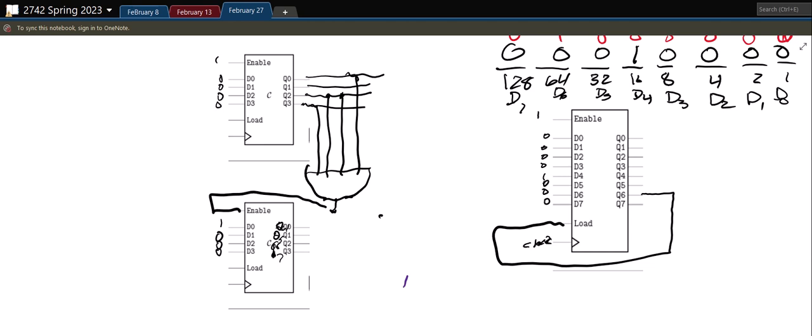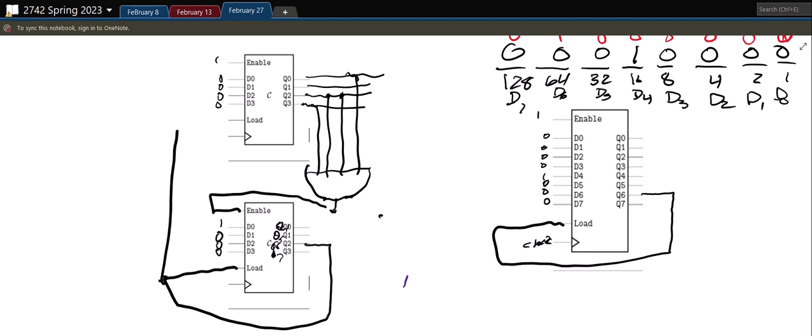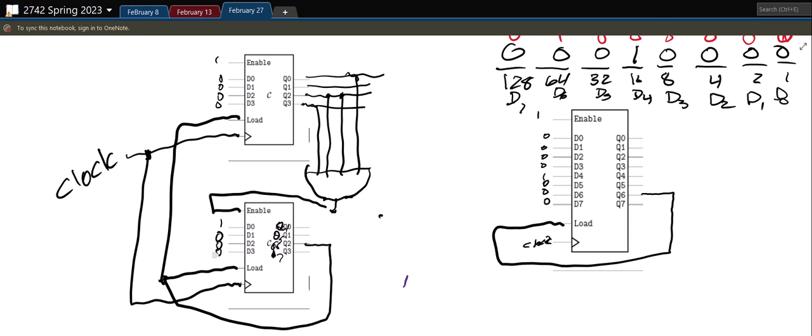And we're looking for 64, and that's Q6, which is the same as Q2 on the second one. And so the first time that that is 1 is when we want to load. And we'll have our clock. And that will be that one.